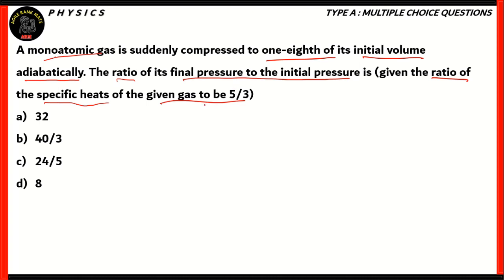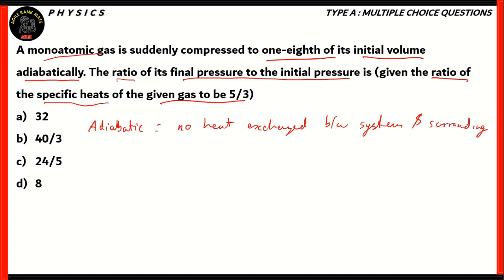First of all, we need to know what process we are dealing with. The process is given as adiabatic. Now, what does adiabatic mean? It means that no heat is exchanged between the system and the surroundings, which means the system is pretty much insulated. Now, in an adiabatic process, when we express that mathematically, what it means is pressure times volume raised to specific heat is a constant.